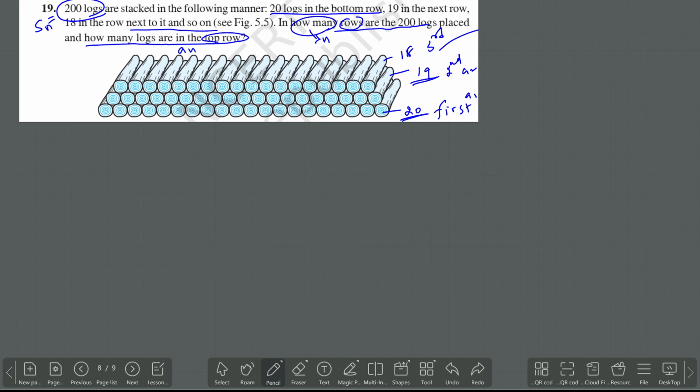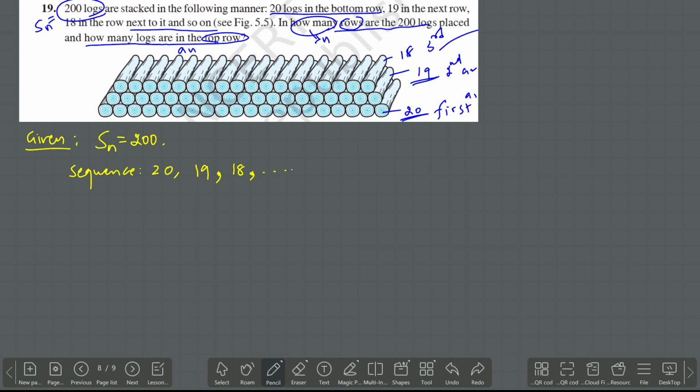Understand? Shall we enter the question now? I mean the answer steps. I'm going now. So listen. They said in the given there are 200 logs. Then we have Sn value as 200. What is the sequence they are telling? 20 in the bottom, 19 in the second, and 18 in the next.